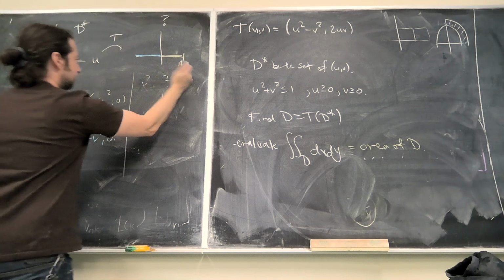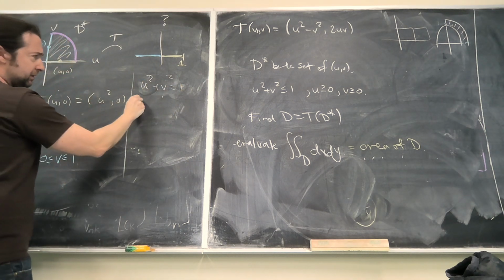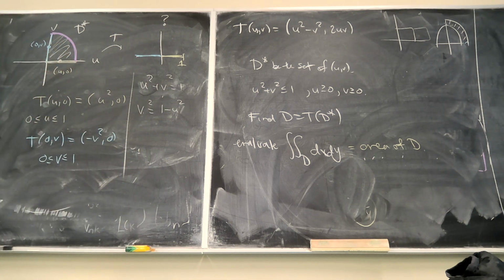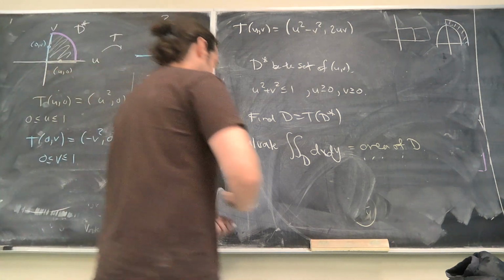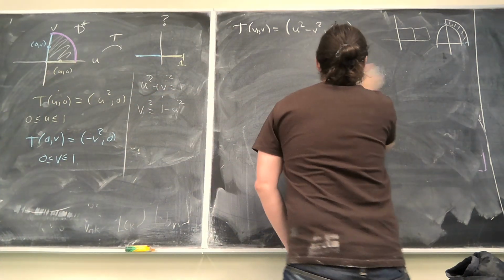Or I guess u squared plus v squared is equal to 1. And I suppose that means that v squared is equal to 1 minus u squared. Okay. I hope this turns out to be nice. It would be really great if it did.